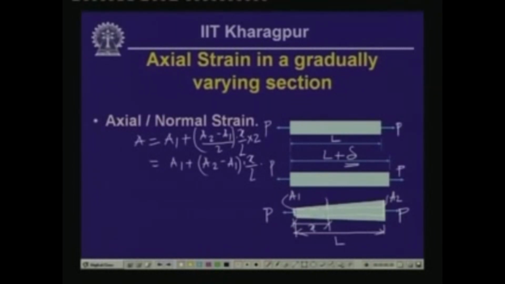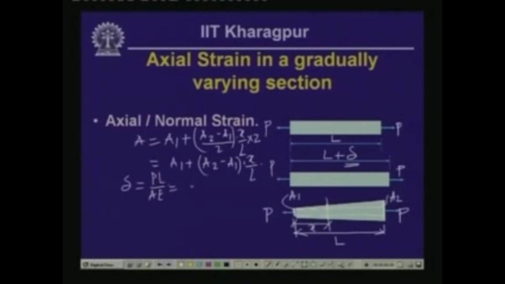Now, if we would like to find out the elongation of this particular bar, which is delta, as we have seen in the last lesson, delta is equal to PL over AE. Now, since here the cross section is varying at every segment, let us say we take a small segment which is dx.